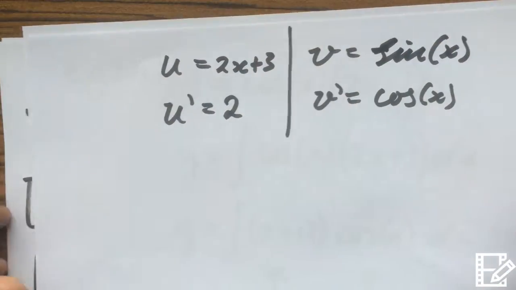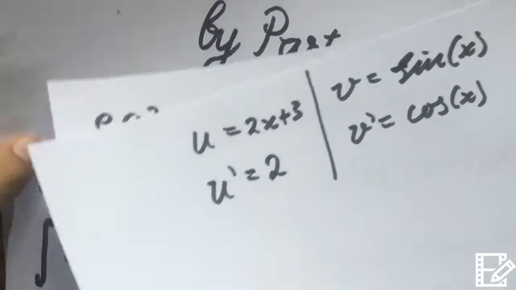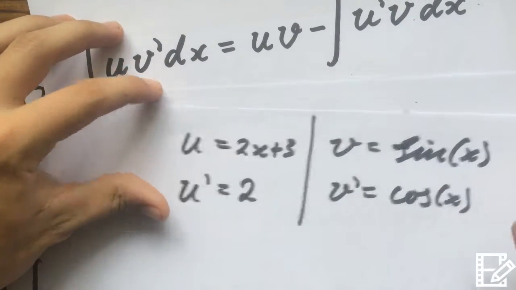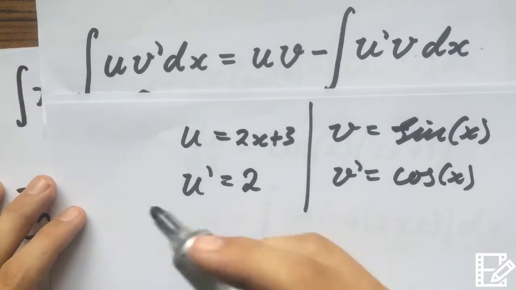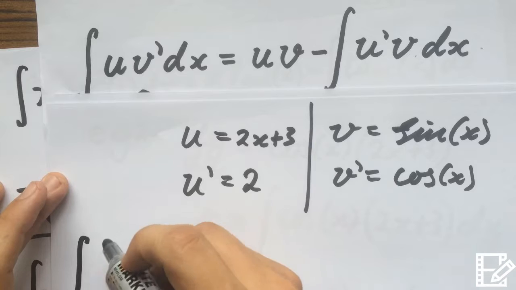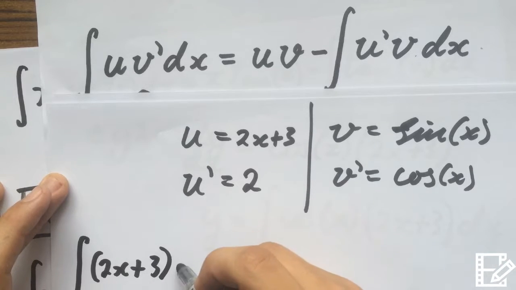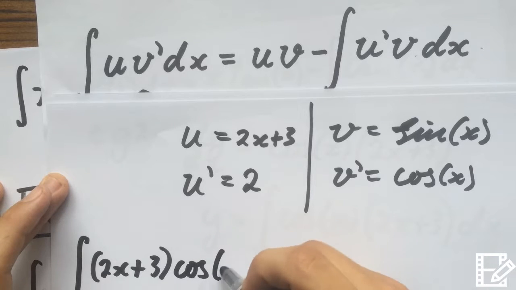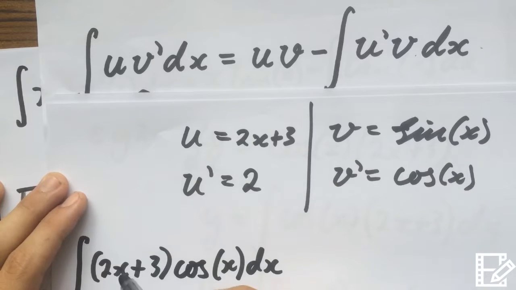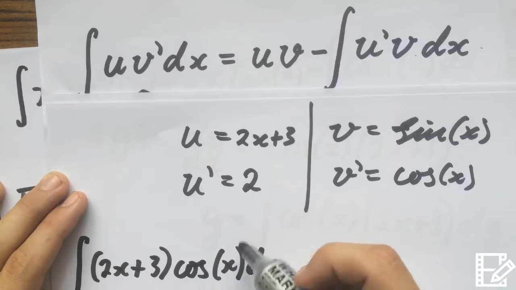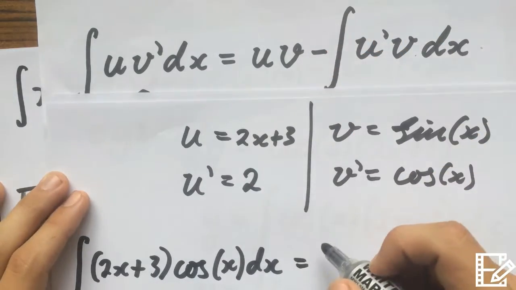Now's the part where we basically fill in this equation. I'll try and keep this equation at the top so you can follow along. What did we start with? We started with the integral of (2x + 3) cos x dx. If we're assuming that this is this, then we can do the rest.